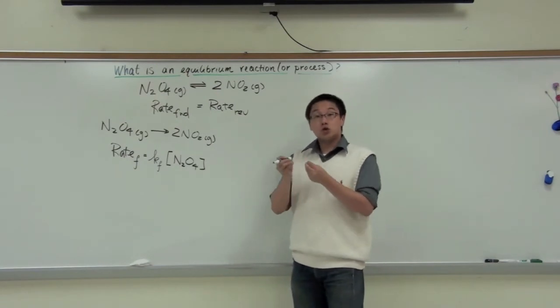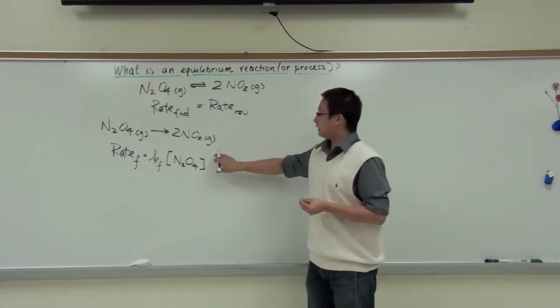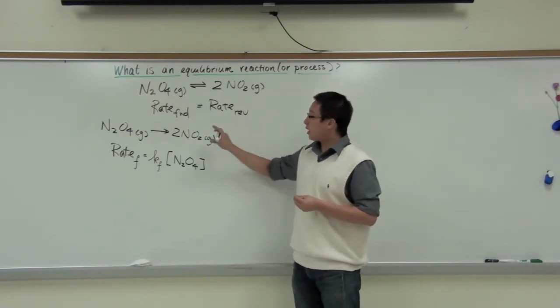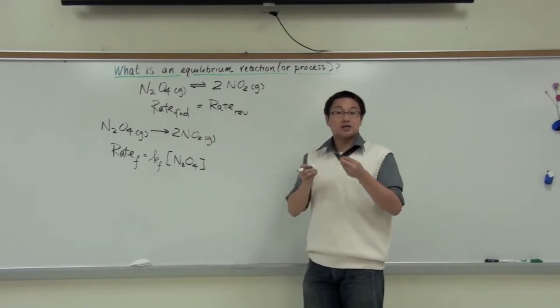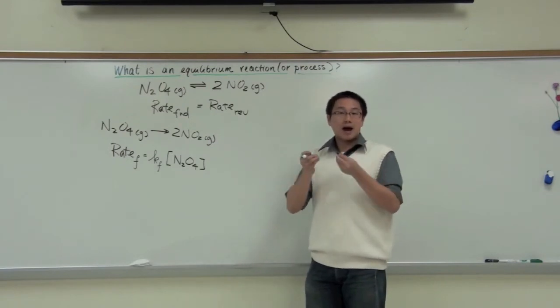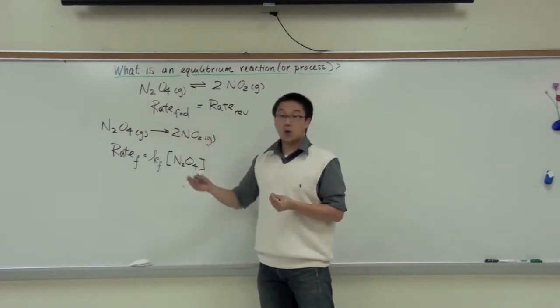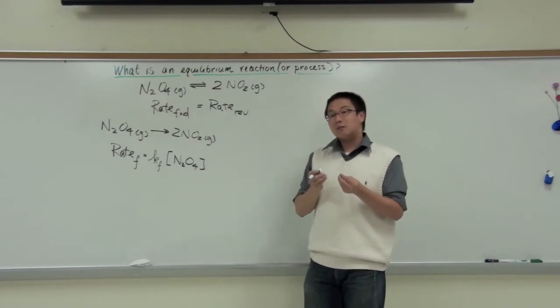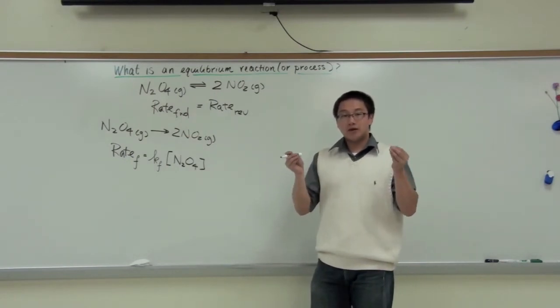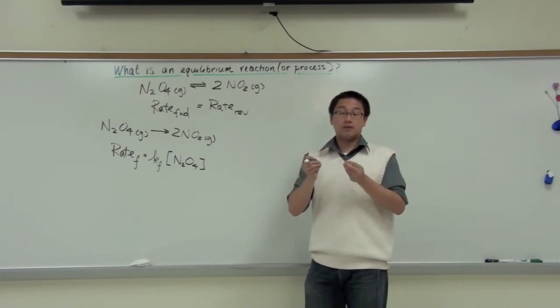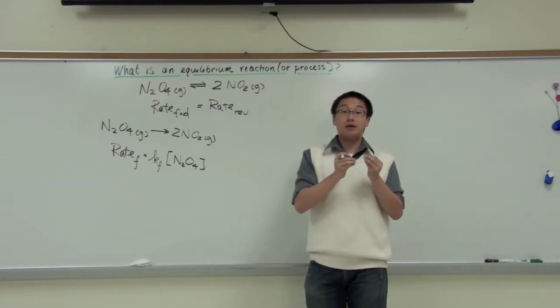The reason why we can use the coefficient in this particular scenario is because the coefficient is expressing how readily it's going to react. If it has a coefficient of 1, then they will have a linear relationship. As the concentration goes up, the reaction rate would go up linearly.